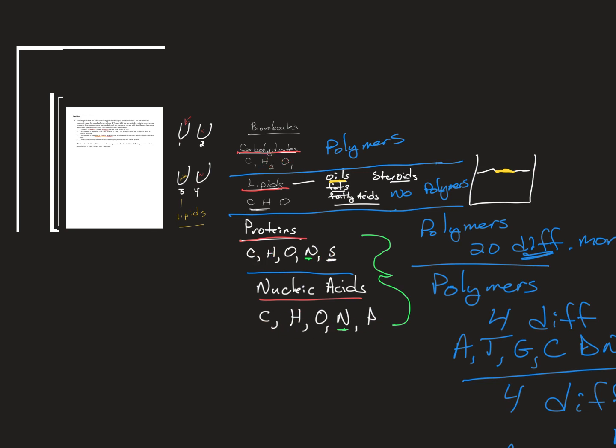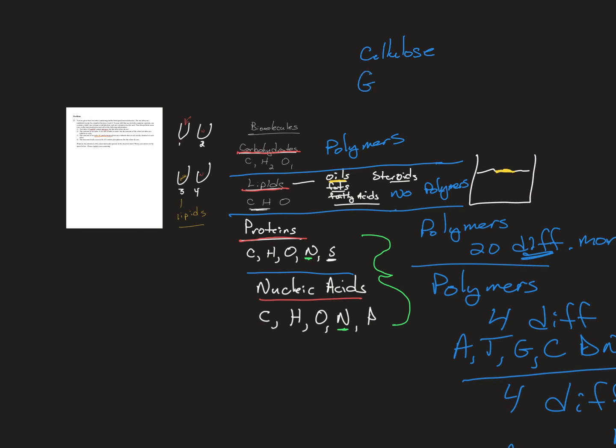Carbohydrates, though, when you're talking about the polymers of carbohydrates, like cellulose, glycogen, which we discussed in class, and others, like starch, are all made of identical monomers.